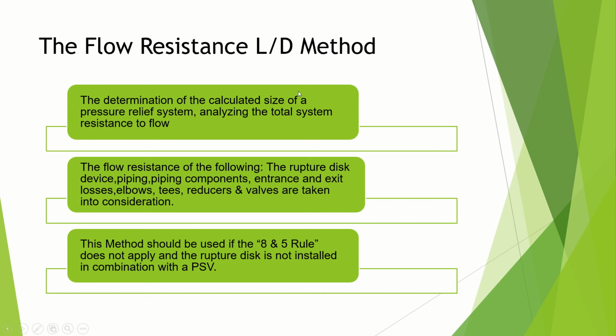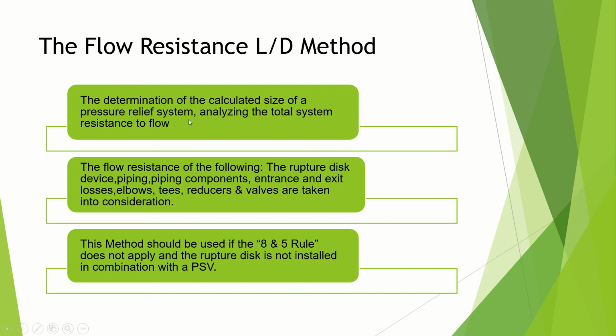The other definition I can explain is the flow resistance L divided by D method. In this method, the determination of the calculated size of a pressure relief system is done, and the total system resistance to flow is analyzed.